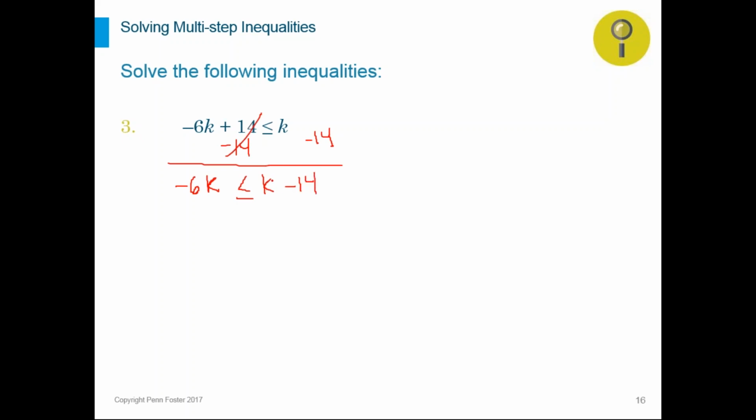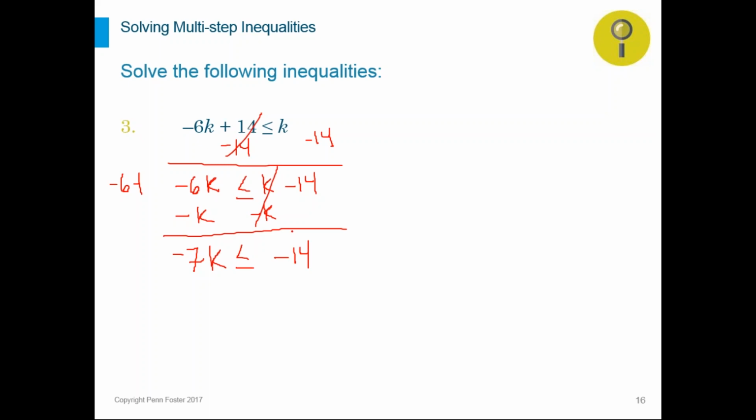Now I need to bring my k over to the left-hand side, subtract k and subtract k. And that negative k is actually negative 1k. So negative 6 minus 1 will give you a negative 7k less than or equal to, that's a 0, minus 14 or negative 14.